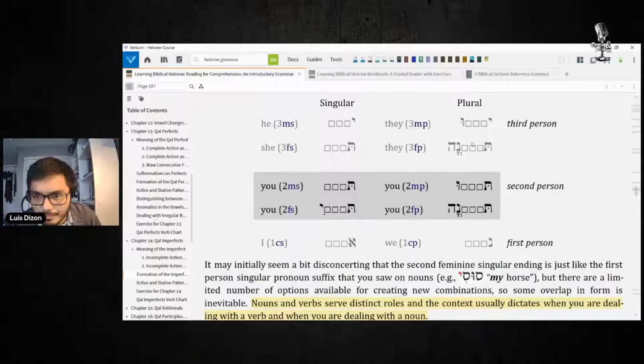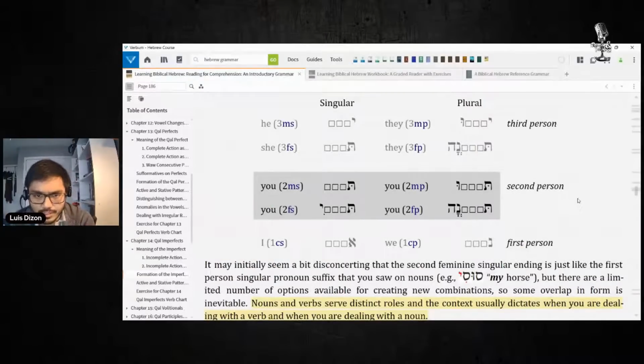And once again, note the third person and second person feminine plurals are the same, and there's not a lot of them to begin with, so you will rarely have to worry about this form. You should know that this form exists, but there will be very few times when you will actually bump into it, in which case you will have to determine, is it they are doing it or you are doing it? Usually context will tell you which is which.